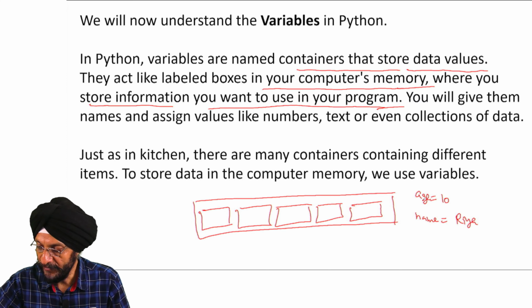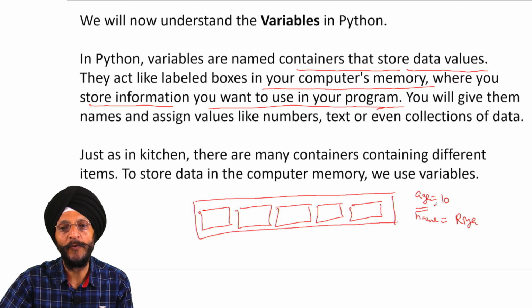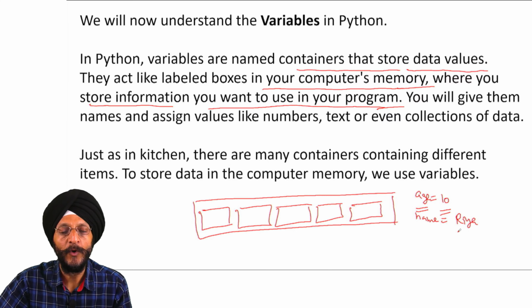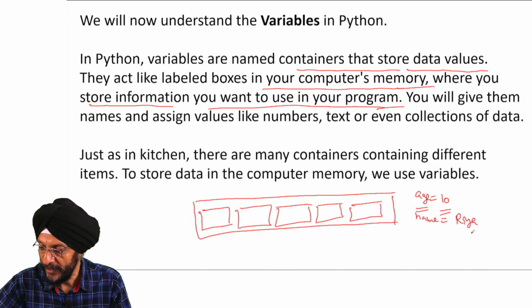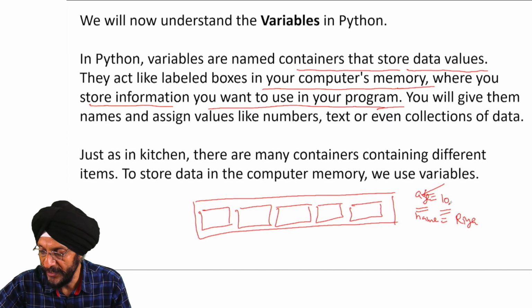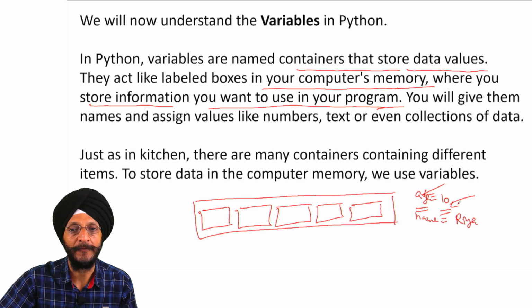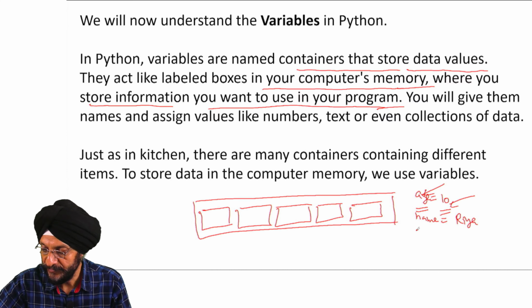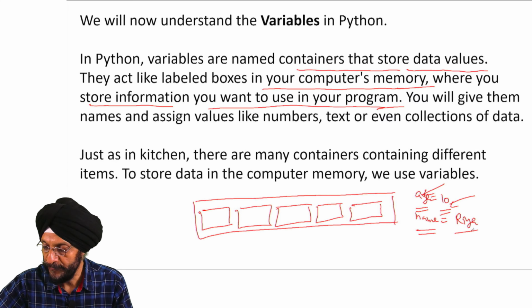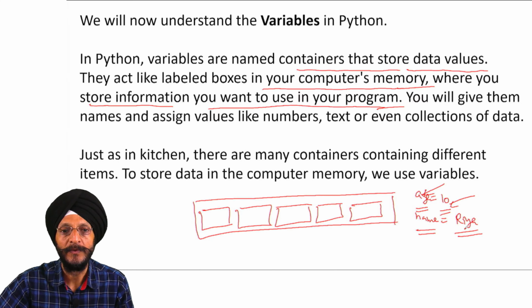So here what is written? Here it has been written that the age of a person is 10 years, and his or her name is Ria. Here age is the variable name and we have assigned the value of 10 to it. In the second case, name is the variable name and Ria is the value.